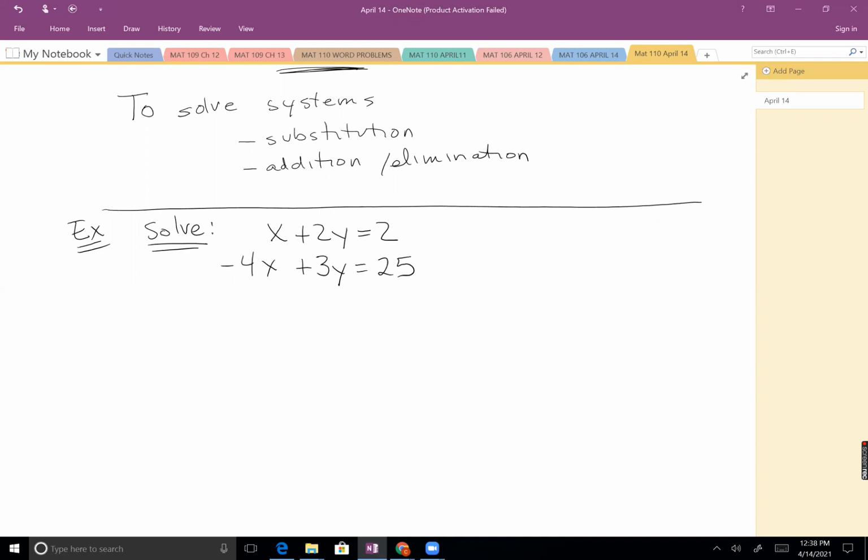Substitution. Substitution? Okay, if we were to solve this with substitution, what variable would you solve for and what equation would you use? Solve for x.